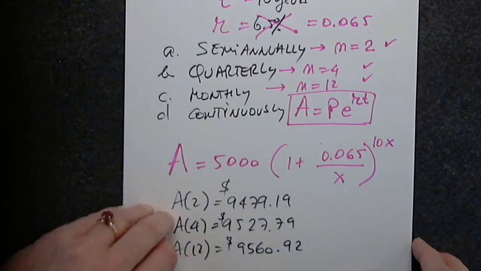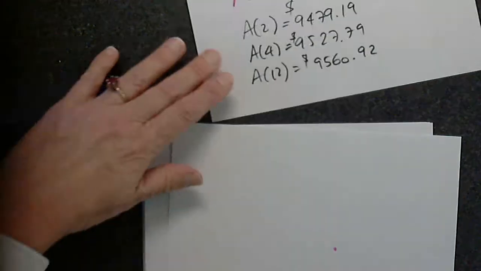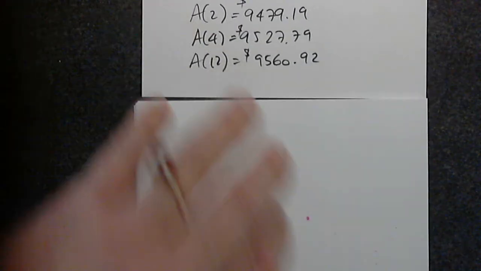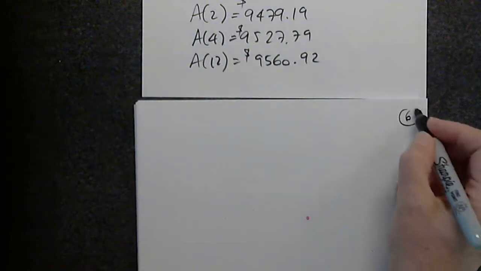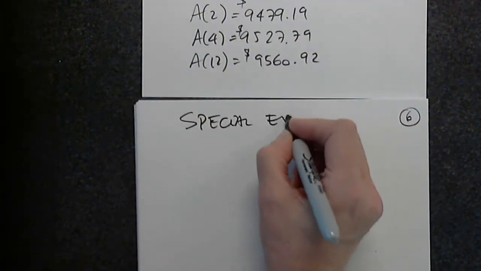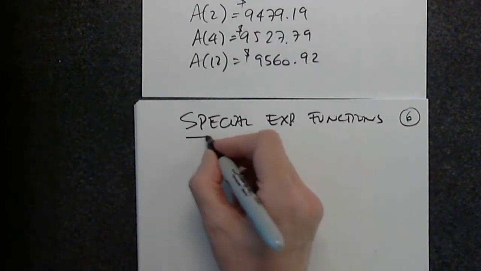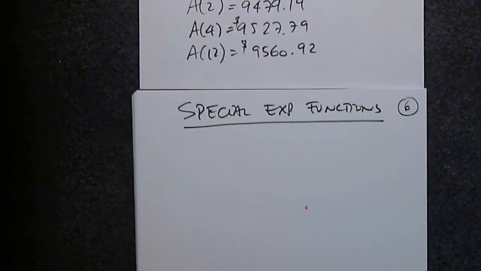So the formula for continuous is this, but before that, I just would like to add one sentence. Special exponential functions.